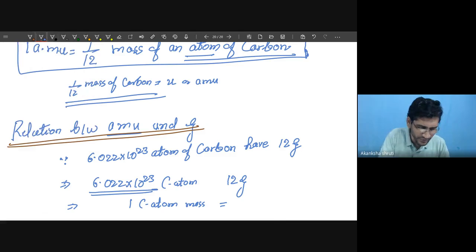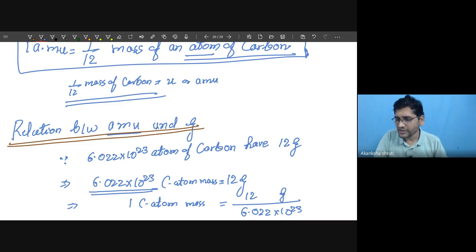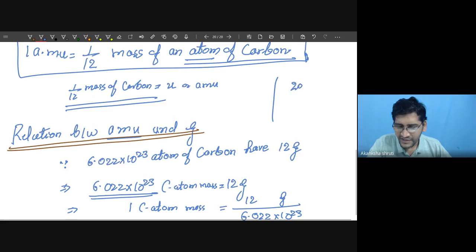So it becomes 12 divided by 6.022 into 10 to the power 23, and the unit is gram. Say 20 pencils cost 50 rupees, then one pencil costs how much? 50 by 20. The same thing we are using here.